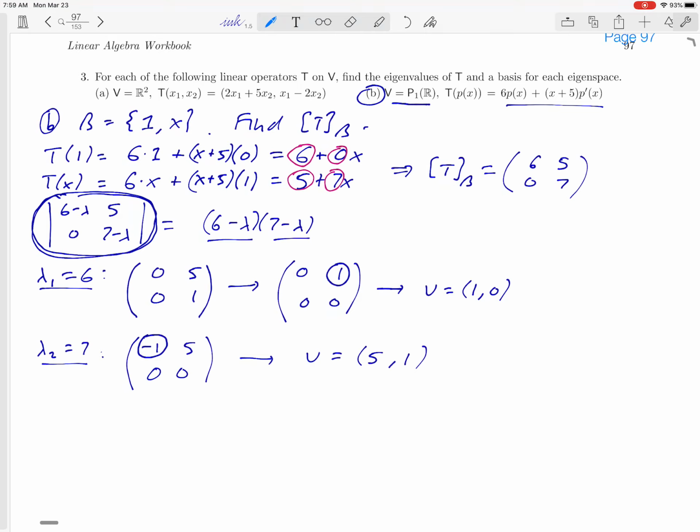Well, now there's one more hurdle to get over in this problem. Take a look at our eigenvectors. Those are vectors in R2, but if you look back, our vector space consisted of polynomials, so our eigenvectors should really be polynomials. Here we have to remember that we found the matrix for our transformation, and so the way that we really need to interpret these eigenvectors is as coordinate vectors relative to our basis.